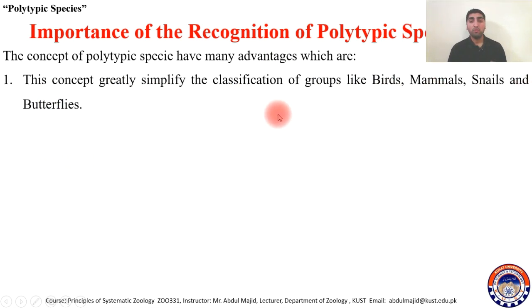Now, why are we giving the example of birds, mammals, snails and butterflies? Because members of such groups are highly developed, and because of too much diversity in them, or their introduction into different ecological conditions, there are many subspecific populations.